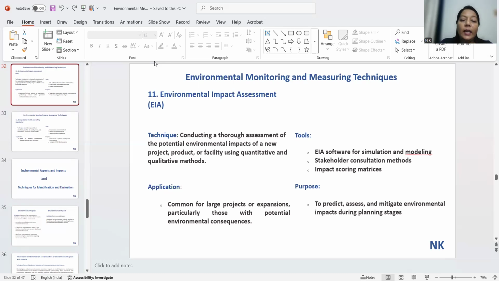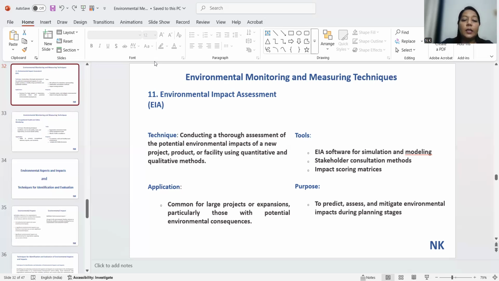In the tools part, EIA software for simulation and modeling, stakeholder consultation methods, and impact scoring metrics. These are the tools used for EIA. The purpose is to predict, assess, and mitigate environmental impact during the planning stages.